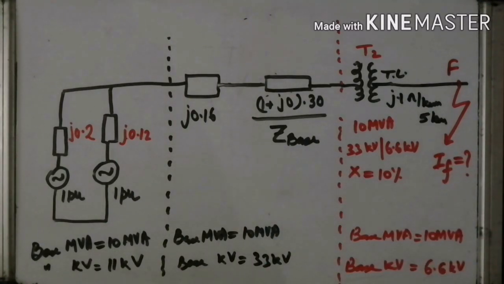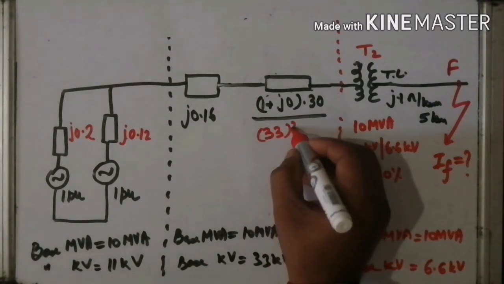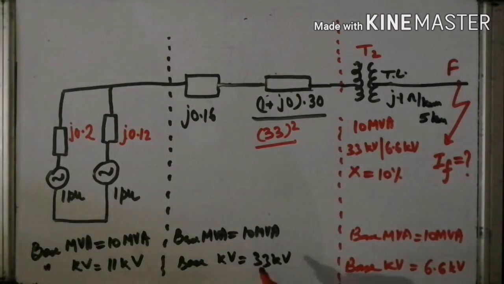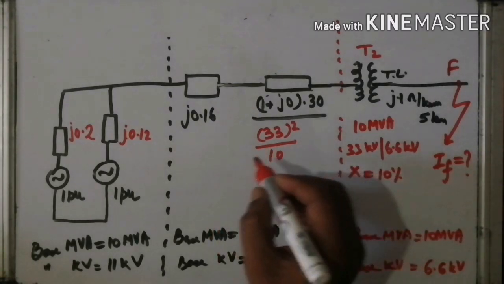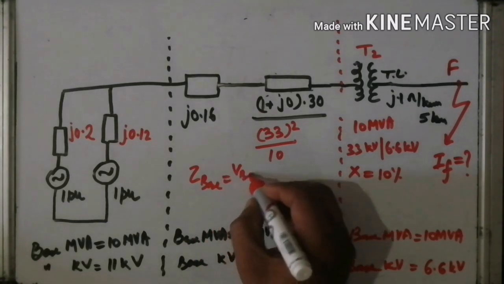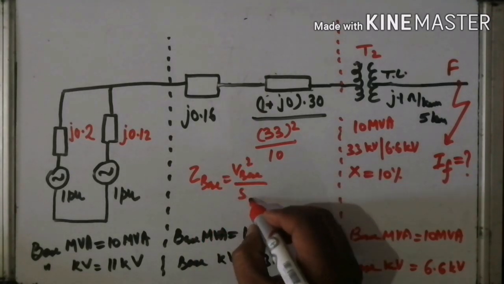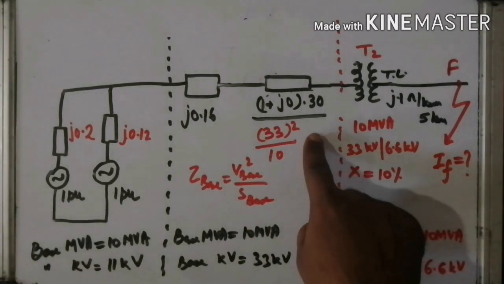We know that the value of the Z base is nothing but V base square divided by S base. So V base is 33, the square of 33 divided by S base, that is 10, right? Formula is Z base is equal to V base whole square divided by S base. According to this formula, this one is over here.